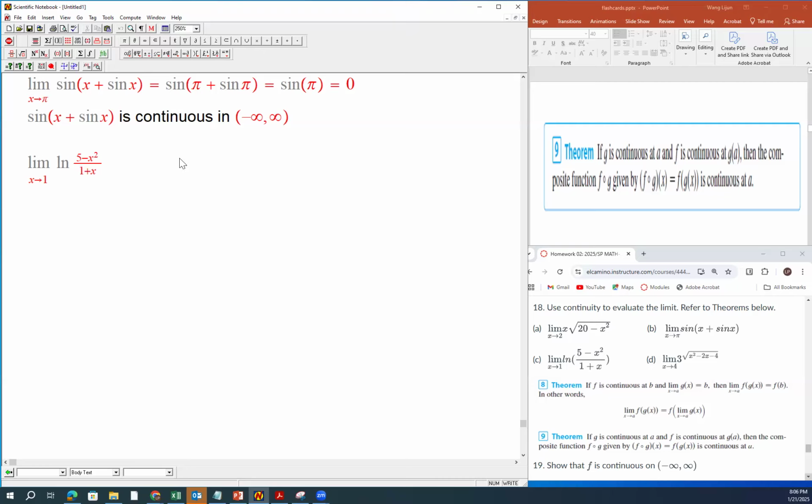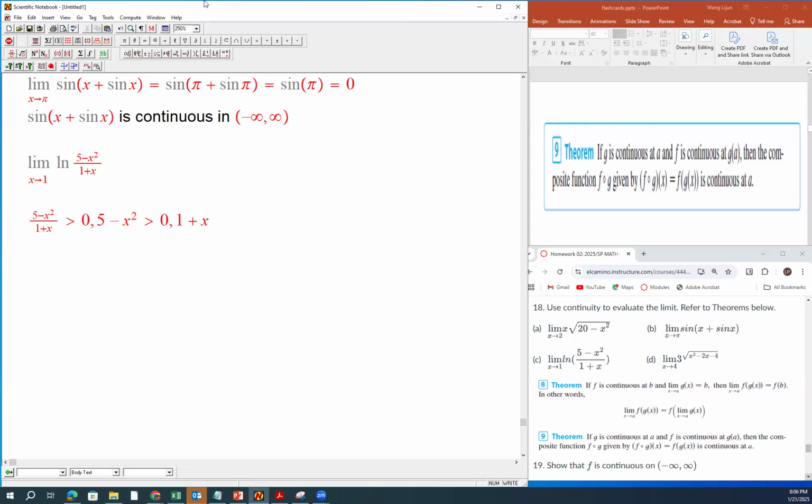And once again, we have to demonstrate that 1 is in the domain of the function. So how do we determine the domain of this function? For ln, the whole argument must be greater than 0. And what is more, the numerator must be greater than 0, and the denominator must be greater than 0.